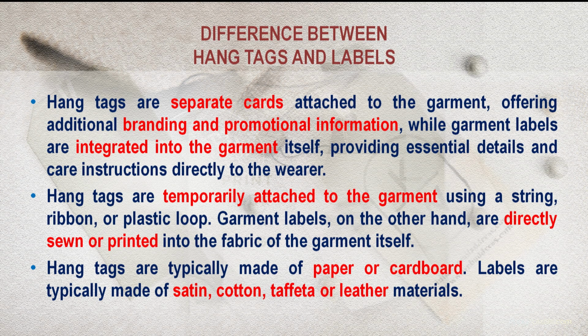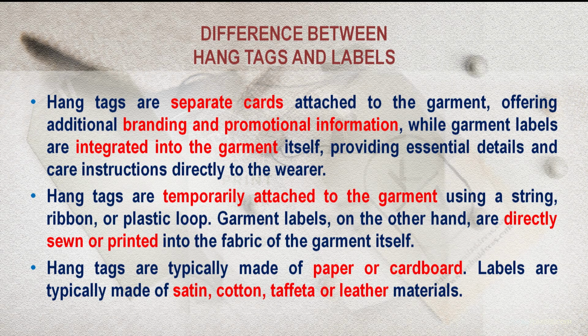Now let us see what the major or basic differences are between hang tags and labels. First, hang tags are separate cards attached to the garment, offering additional information about branding and promotion, while labels are integrated into the garment and provide essential details like care instructions.